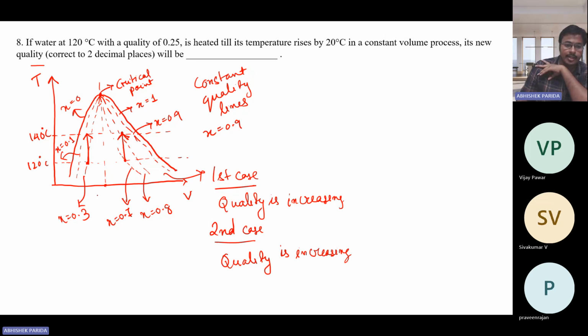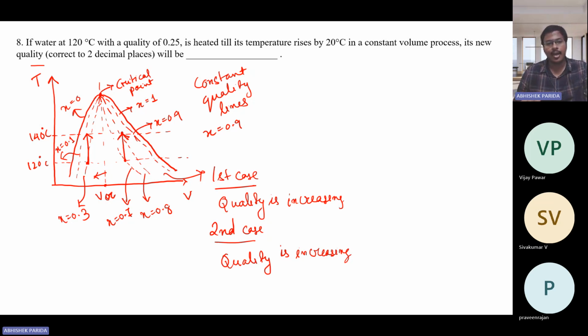If this is the critical volume, the specific volume at the critical point, and we are on the left hand side, if the specific volume is less than that, then we can say that the quality will reduce on heating, and if we are on the right side, then the quality will increase. Okay, so that is the case.